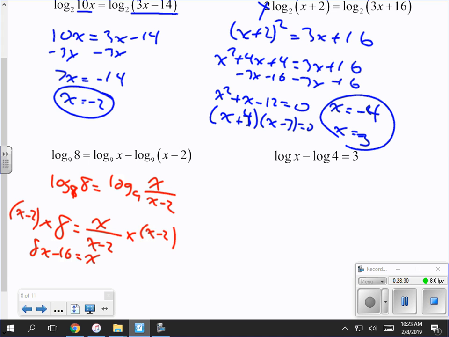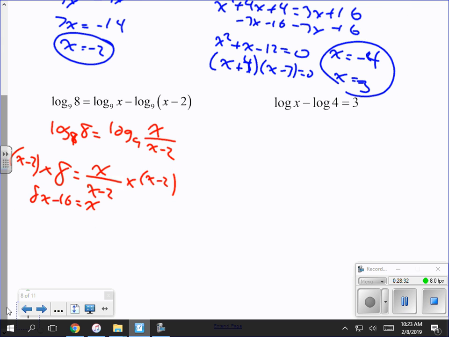Subtract 8x from both sides. I'm running out of room here. My apologies. And you get negative 16 equals negative 7x. Divide by negative 7, x equals 16 over 7. Just get rid of the denominator. Multiply both sides by the denominator, not a problem.